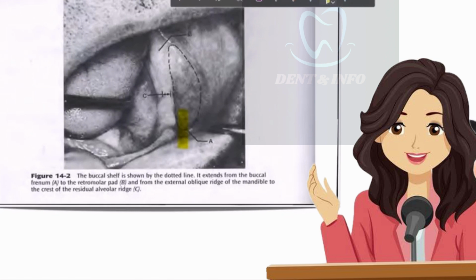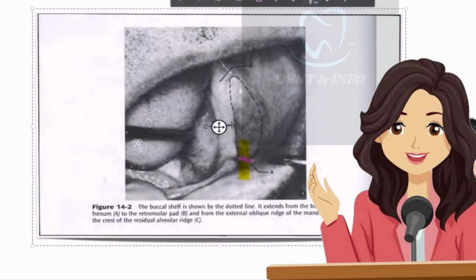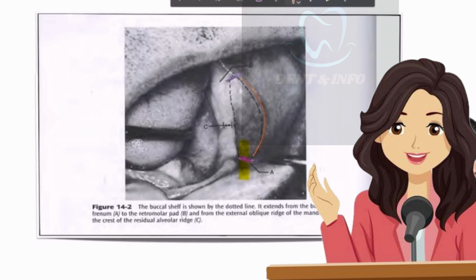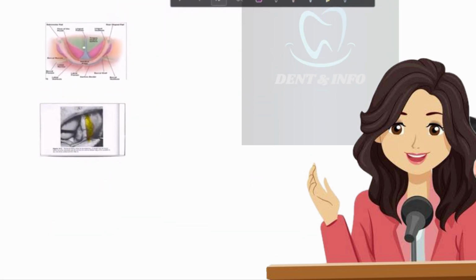Like we said, we have our frenum here. Anteriorly, we have our pad here. Posteriorly, we have our external oblique ridge. We have the crest of the ridge. Together, that would make your buccal shelf area. This photo is again from Boucher's that we have taken up.